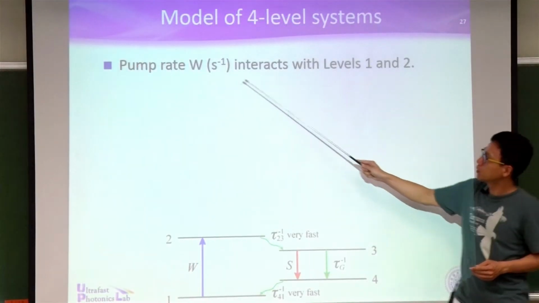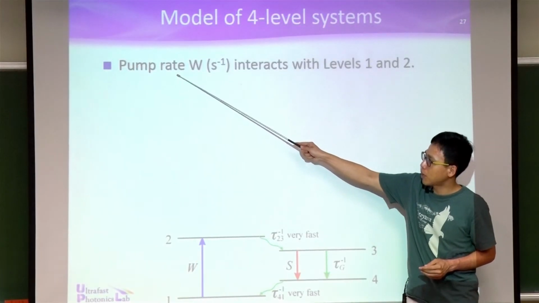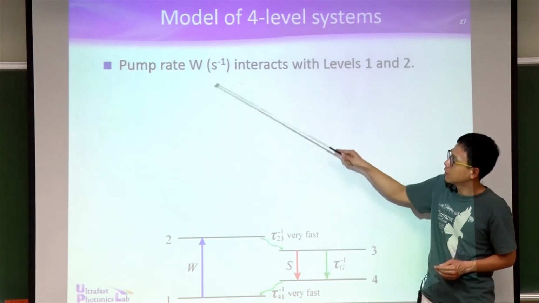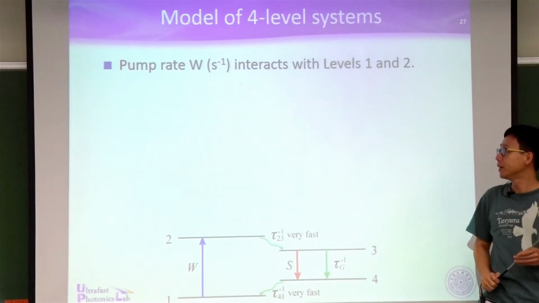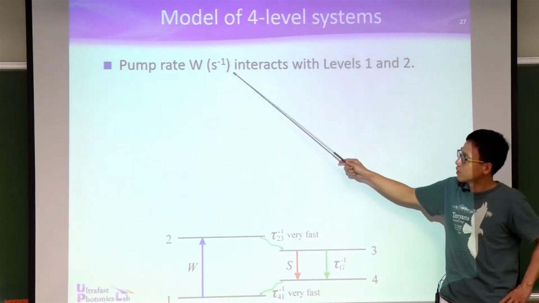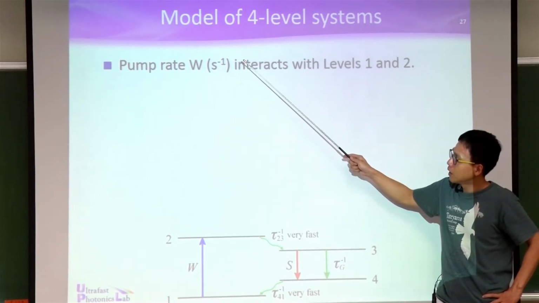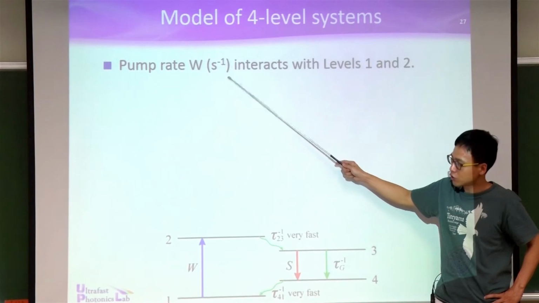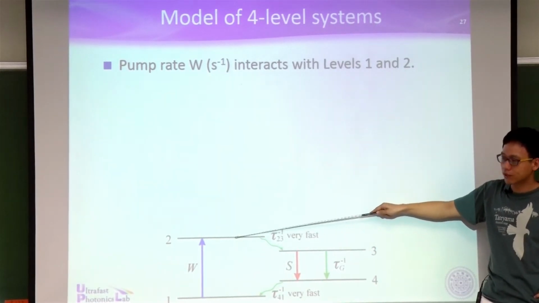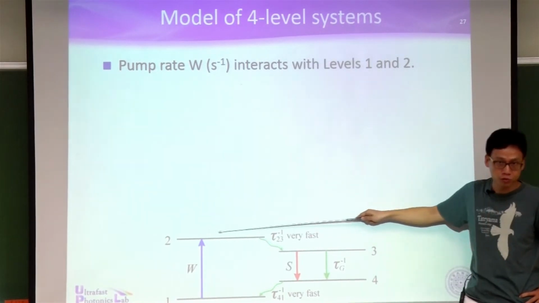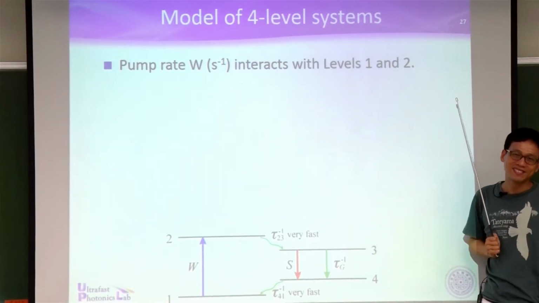So W is referred to as pump rate here. The physical unit is 1/second. So it means how many percentage of ground state electrons are pumped to the excited state, level 2, in 1 second.